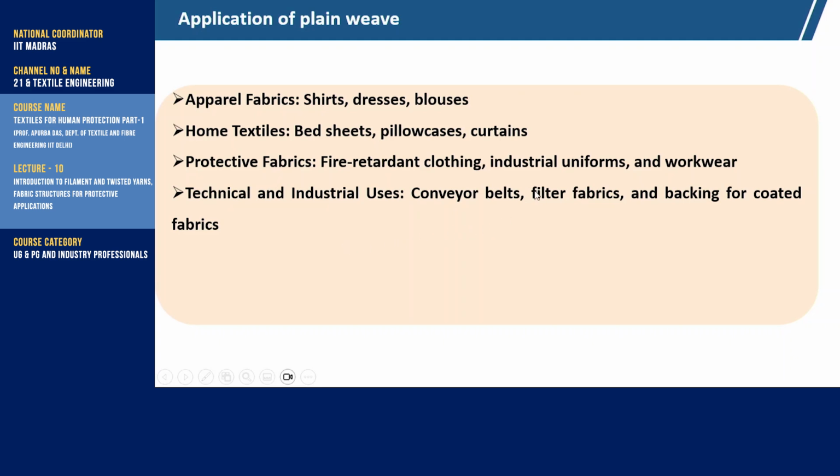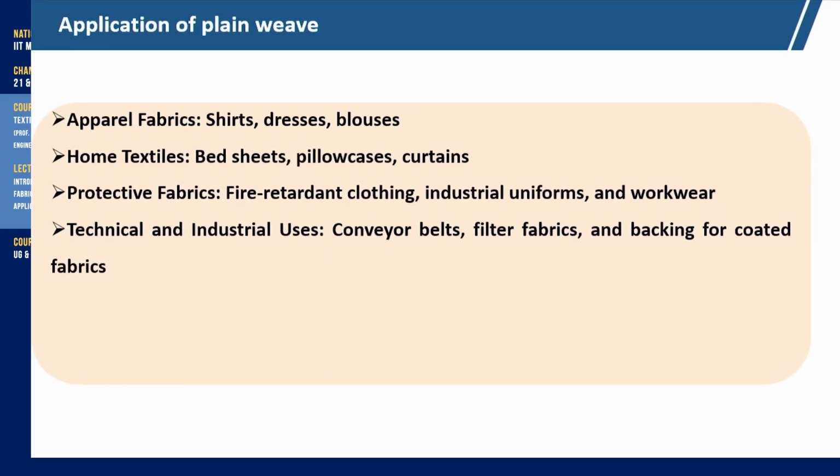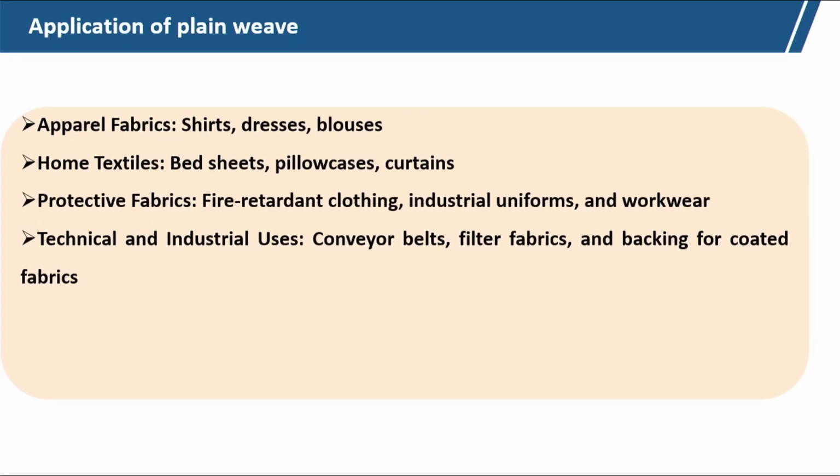Conveyor belts are mainly made from the plain weave, filter fabrics are of plain weave because of the uniform pore structure, and it does not get distorted easily. Whereas other weaves can get distorted by higher air pressure.